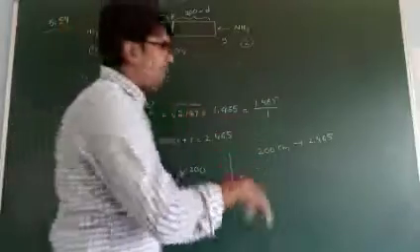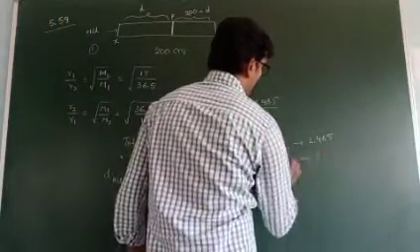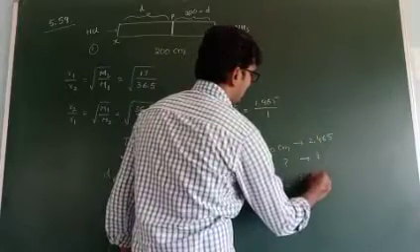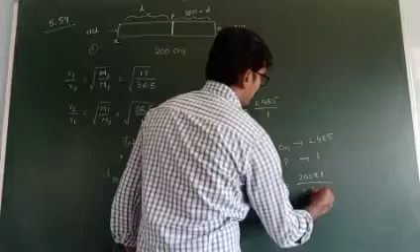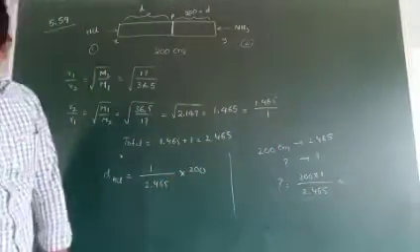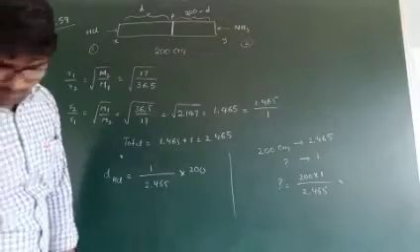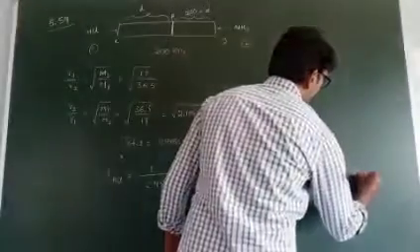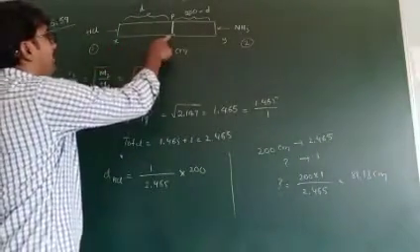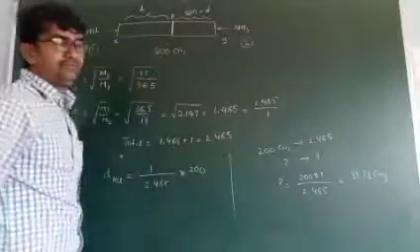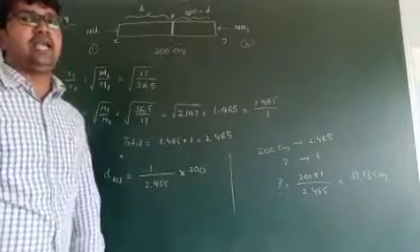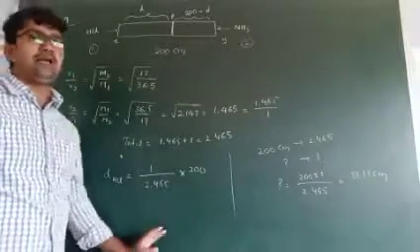Then for one part, how much? The answer is 200 into 1 by 2.465, since one part belongs to HCl. That value is 81.13 centimeters. So the distance from P to X is 81.13, and the remaining part is 200 minus 81.13.